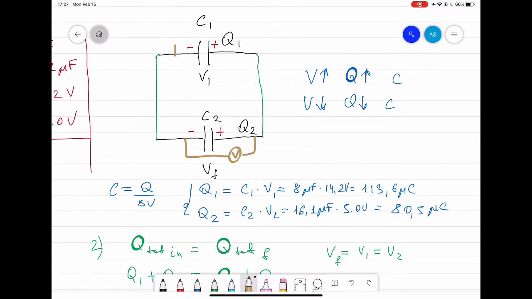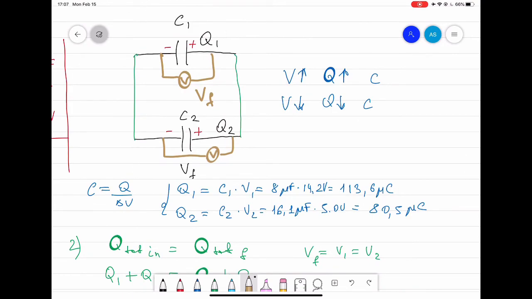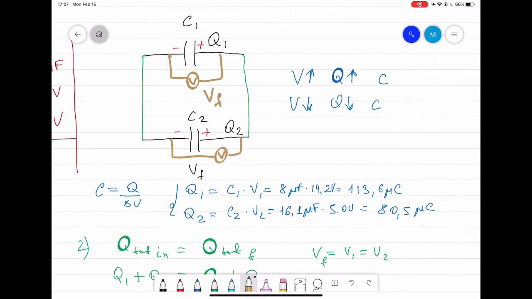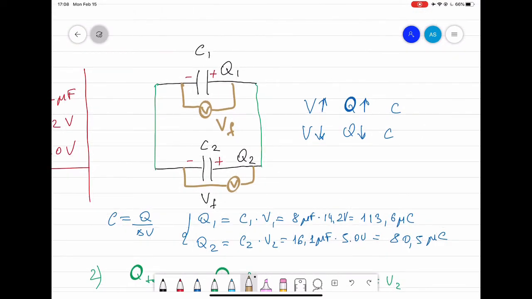We now have our final voltage, 8.05. After connecting them together in parallel, we get the same potential difference across each capacitor. That means the charge distribution on C1 and C2 will now be different.